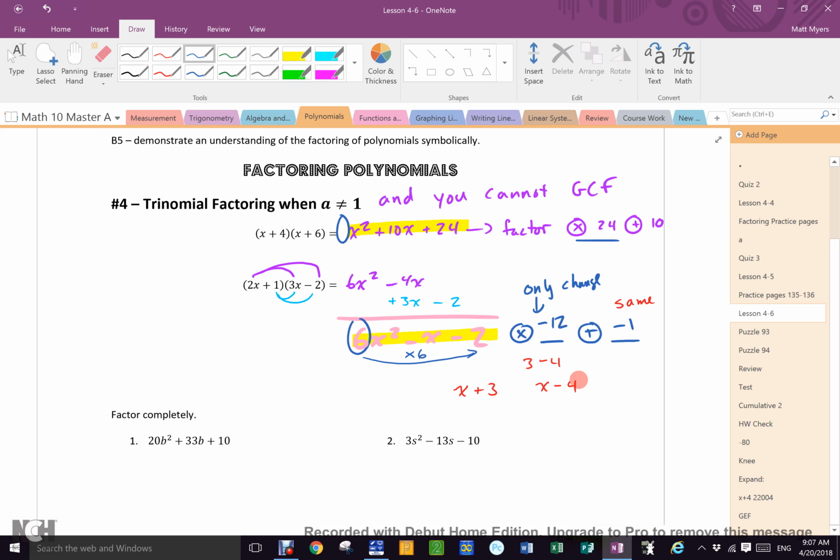Are we going to divide the x by 6 or the 3 and the 4 by 6? The 3 and the 4 is correct. Why do you think it's the 3 and the 4? What did we do to make us know we needed the 3 and the 4?